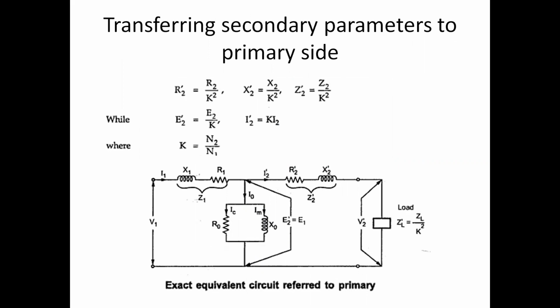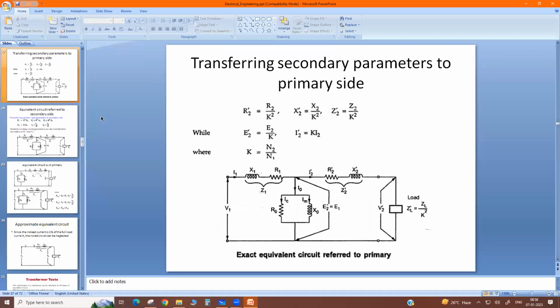Now you come to how we transfer the parameters, as referred to primary side, as referred to secondary side. It is very important. So today I will do this, so that in the evening we can solve the numerical based on this.